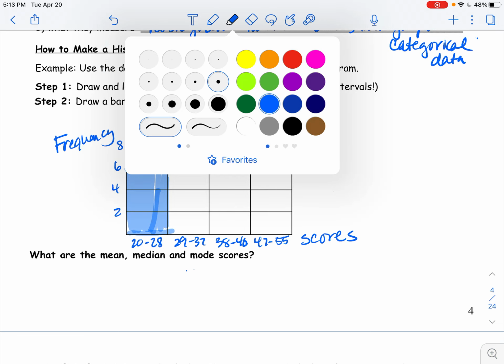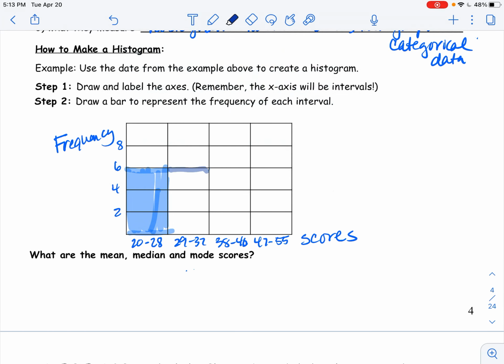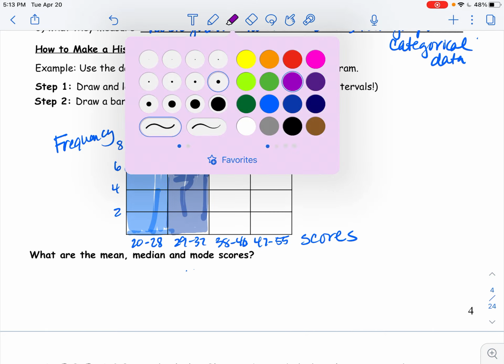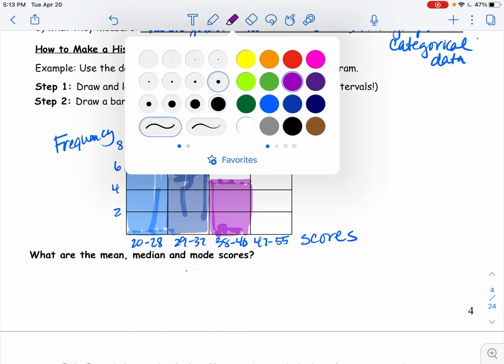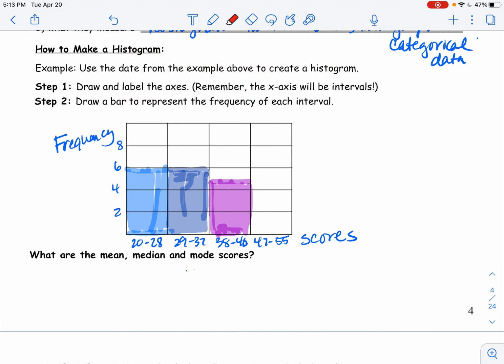We also had 6 in the 29 to 37. I'm just using different colors to show the difference, but you can just use pencil or whatever. We had 5, so I'm going to cut this one in half, in the 38 to 46, and our last one, we had just 3 in the 47 to 55.